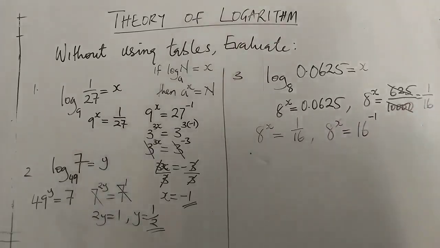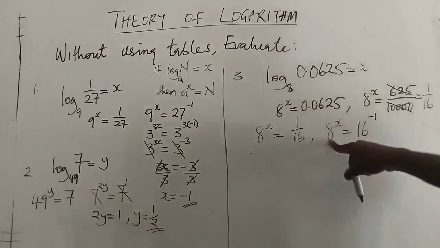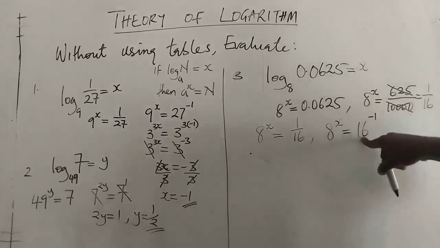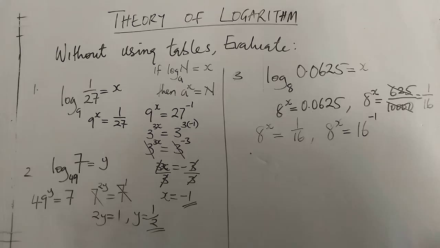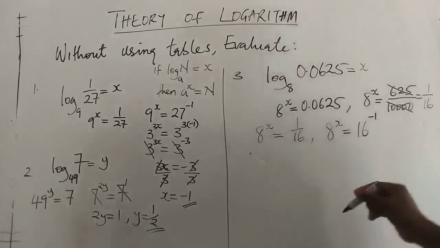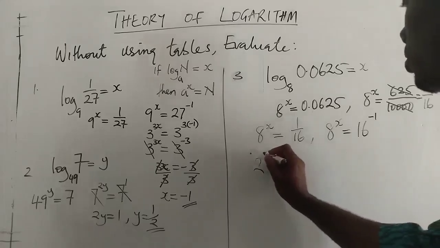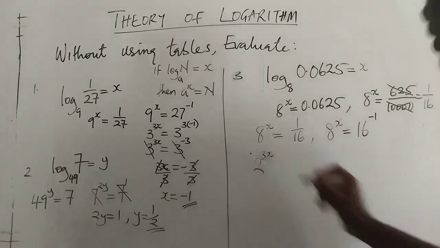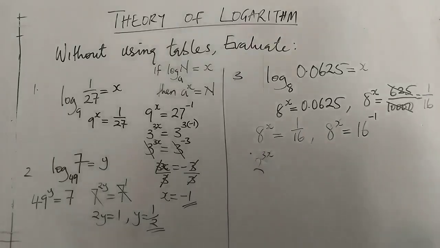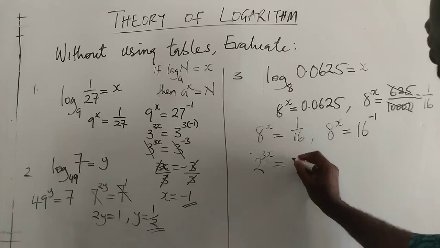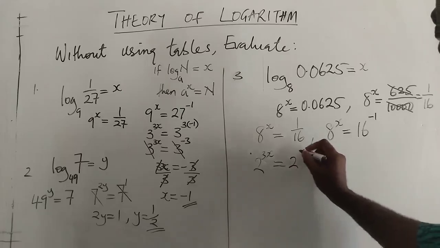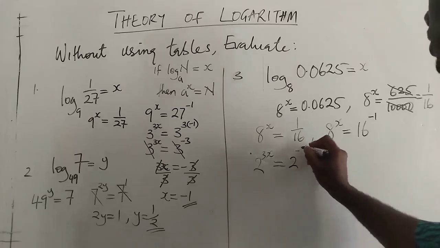We can rewrite it like that. Then going further, we can reduce 8 and 16 to have the same level, and that is to the level of 2. Doing that, we'll have 2 raised to power 3x equals to 2 raised to power minus 4.